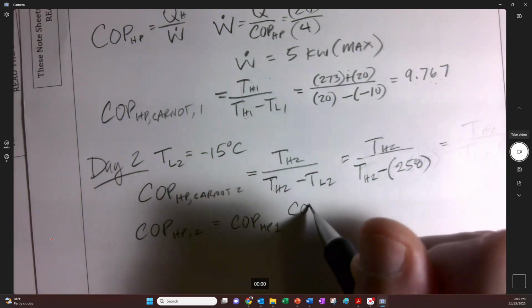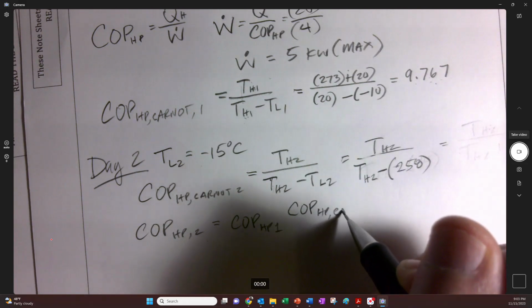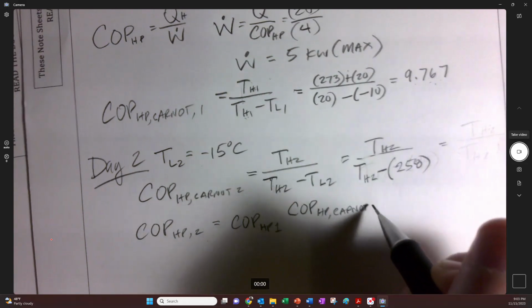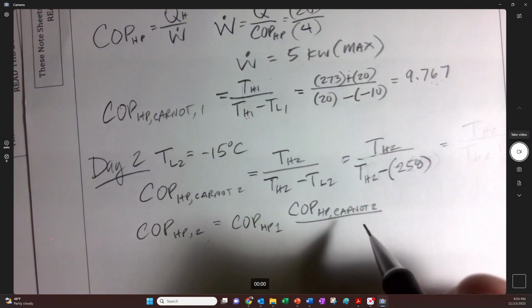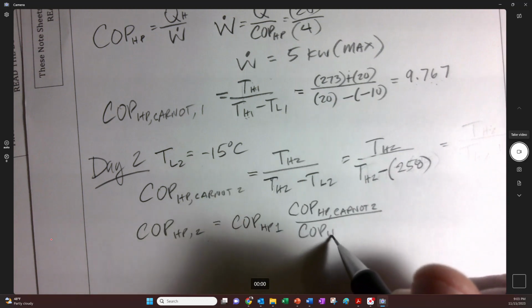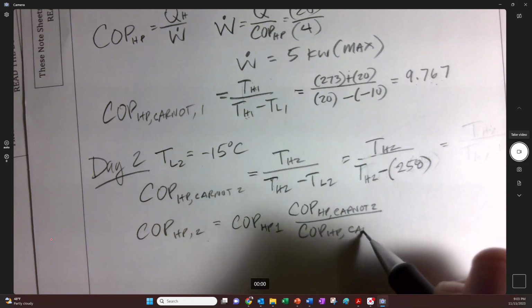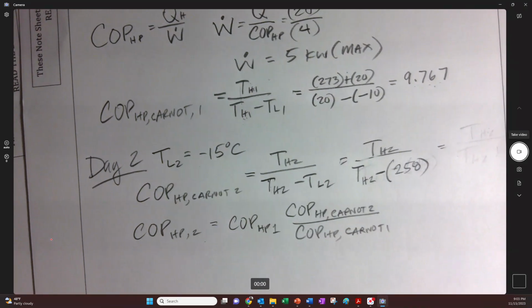So it's going to be COP HP Carnot 2 over COP HP Carnot 1. Is that true? Yes. Almost certain.